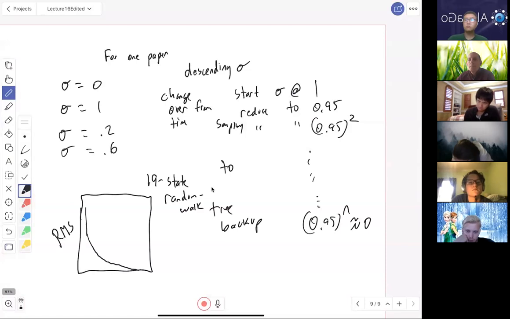Do we still never reach 0 if we use the weighted importance sampling? When using importance sampling, we're never going to quite reach 0 because we always have this variance where we're bouncing around.